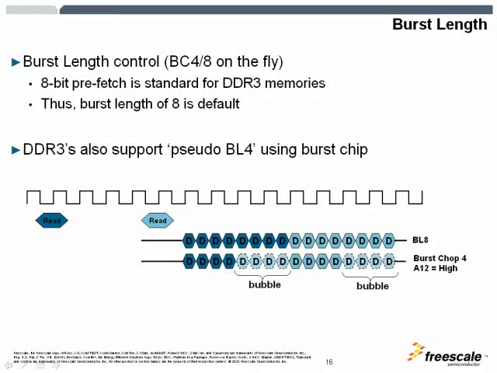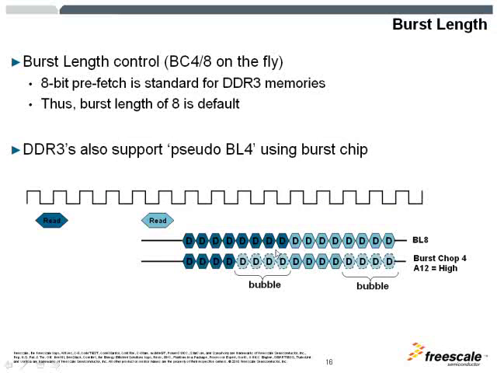So as we discussed, the burst length for the DDR3 is always 8 beats. Now, there are options that are called burst chop or on-the-fly burst chop modes of operation.